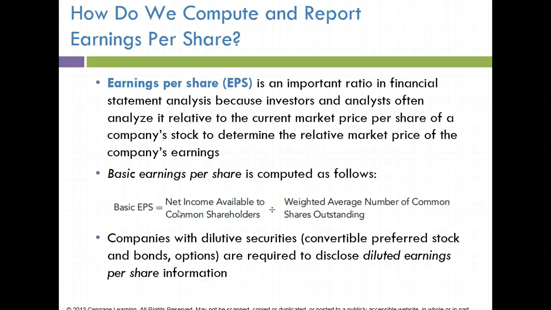Now, just so you know, there are all kinds of financial products that can be convertible to common stock. And so let's just say someone is dealing with some type of bond or option where they can convert it in the future to common stock.